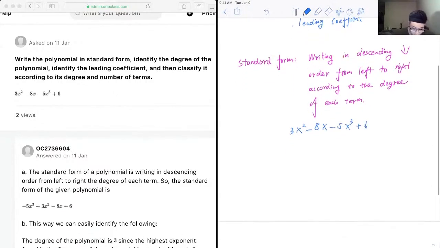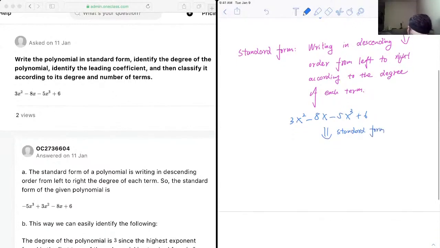If we want to convert this into its standard form, then it should be negative 5x cubed, since this term has the highest degree, and then plus 3x squared, since 3x squared has the second highest degree, and minus 8x, and then plus 6.